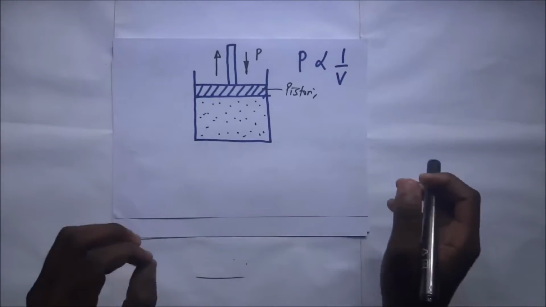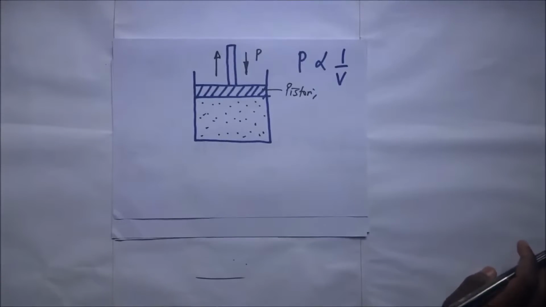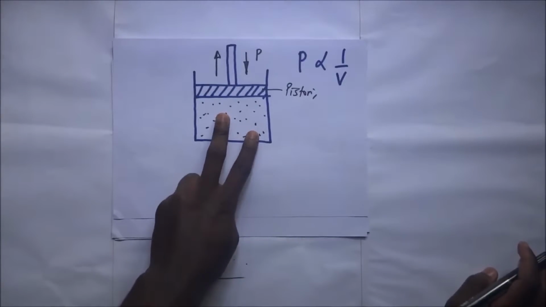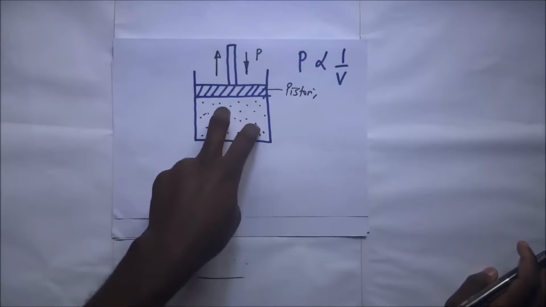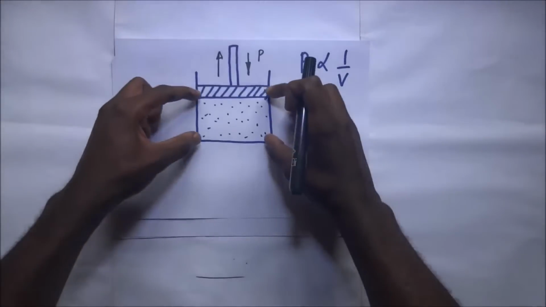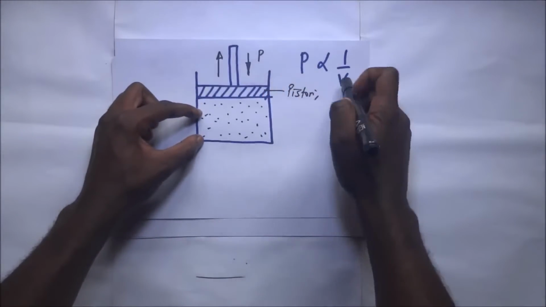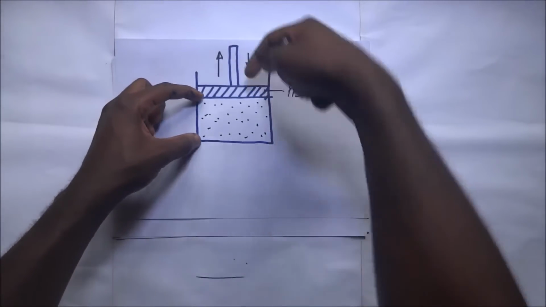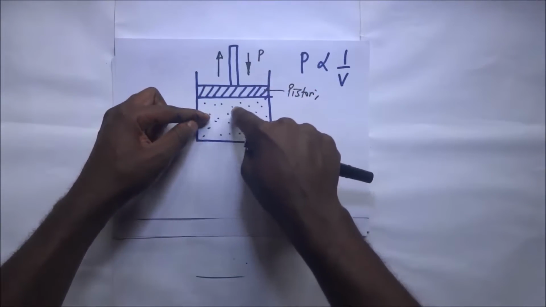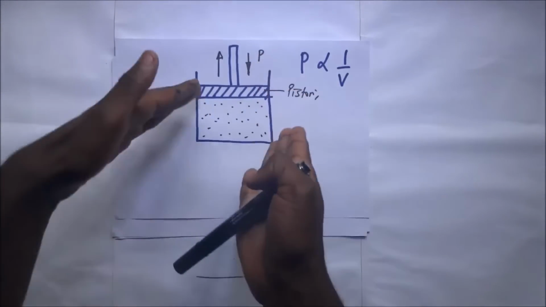When we relate this to the kinetic theory, which states that these particles are always in constant random motion and that their kinetic energy is directly proportional to the temperature, when we reduce the volume of this gas by pushing this piston, these particles are going to come closer to each other.